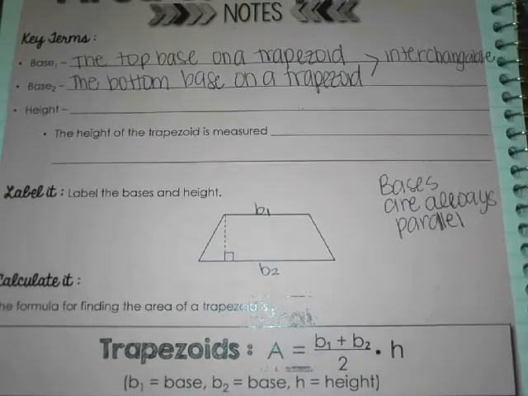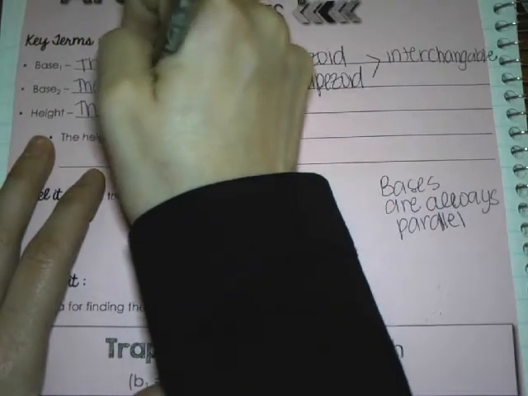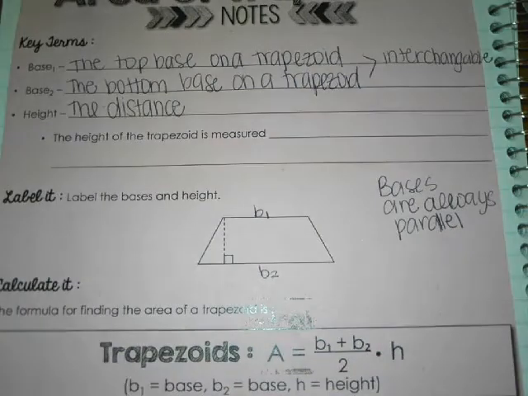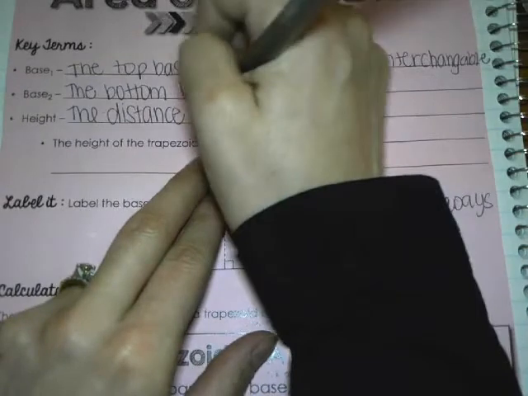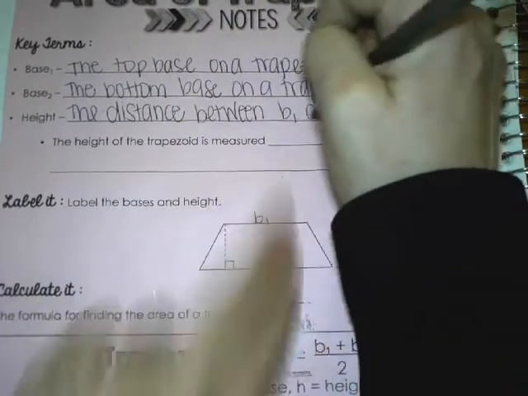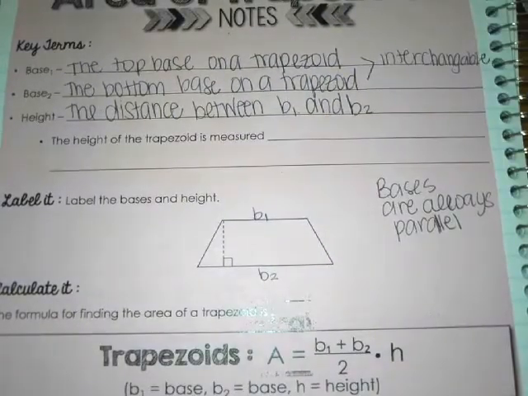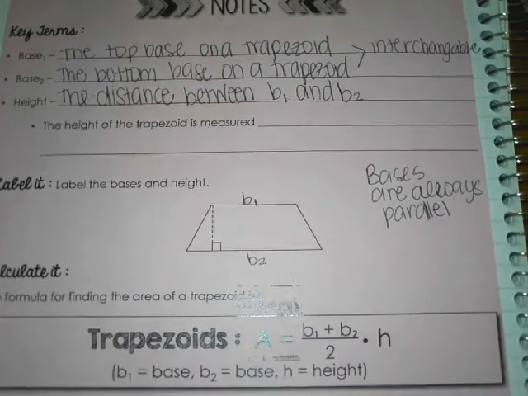Then the height. What do we know the height is, you guys? The distance. So this time it's the distance from what to what? From base 1 to base 2. So it's the difference between, or the distance between, our base 1 and our base 2. So we've kind of already talked about this.